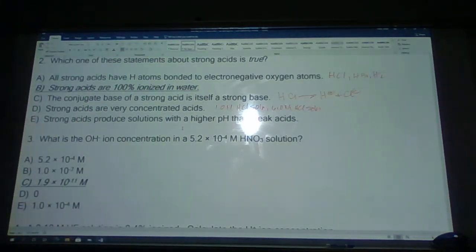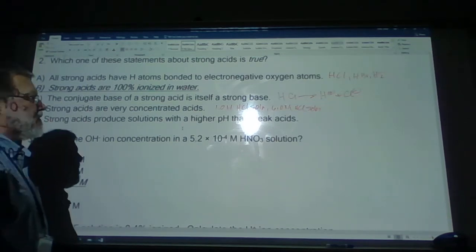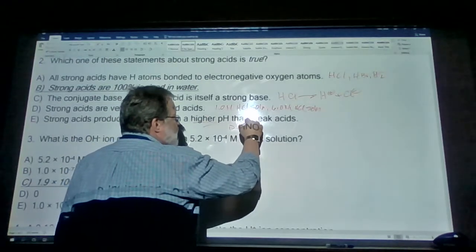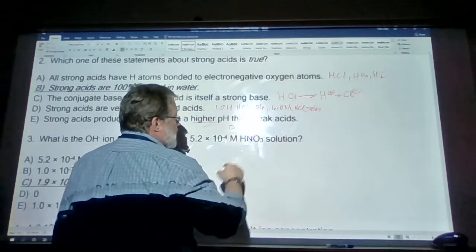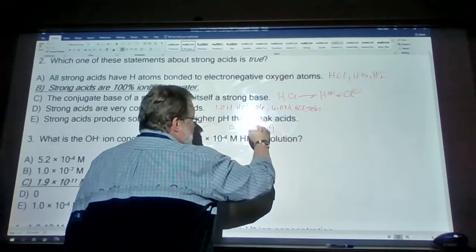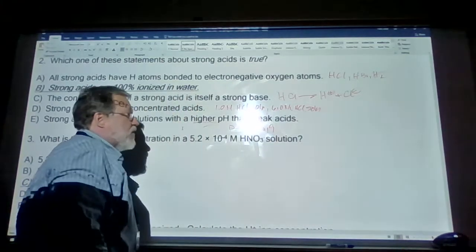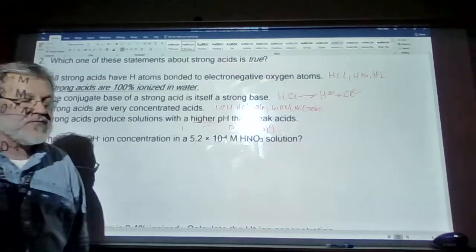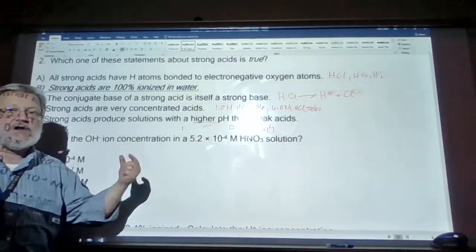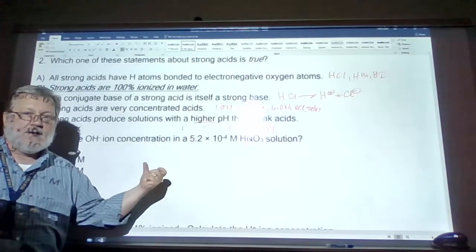Strong acids produce solutions with higher pH than weak acids. A higher pH means pH values larger than 7, like 7.1, 7.2, 7.3, 8, 9.